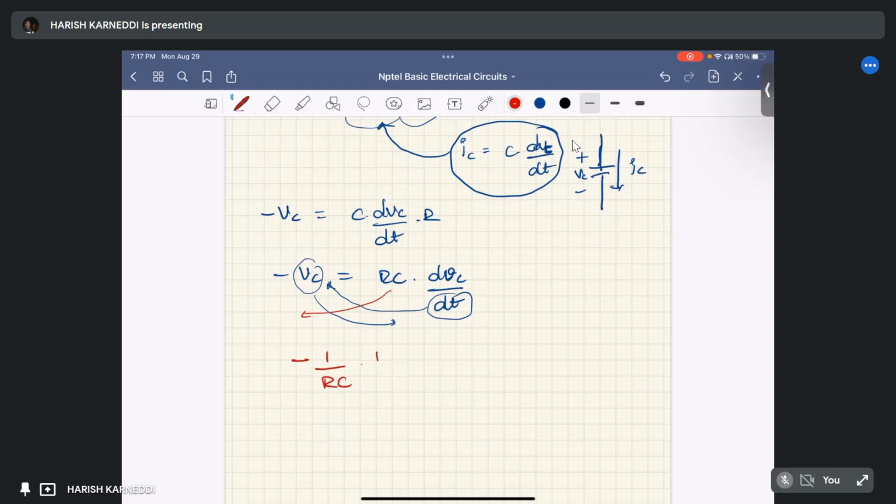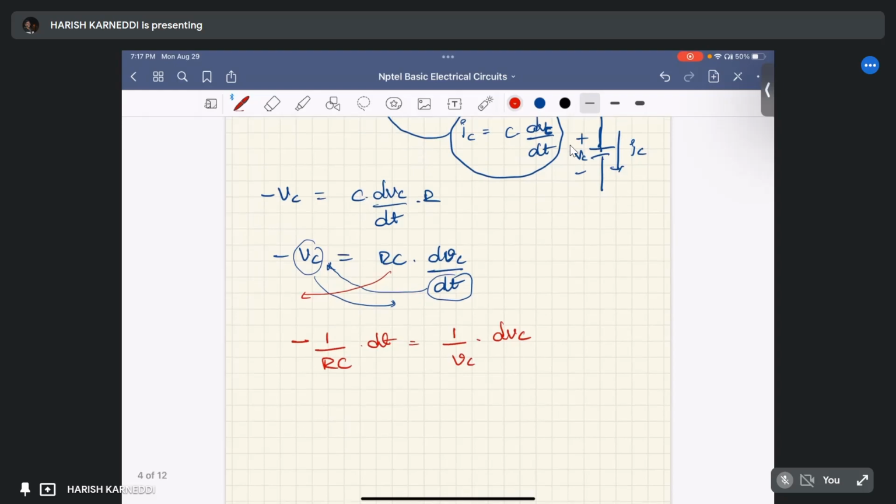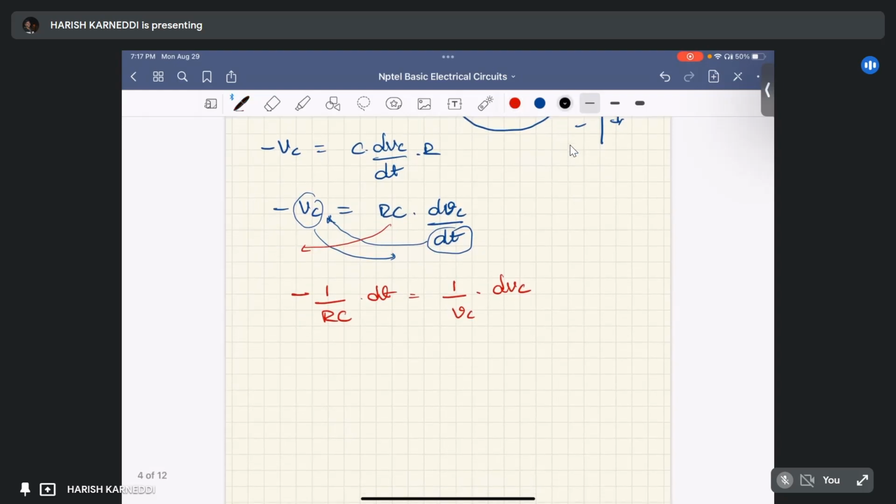Minus 1 by RC into dt equal to 1 by VC into dVC, right? We can integrate both the sides. So this equals minus t by RC equal to ln of VC, plus some constant C.